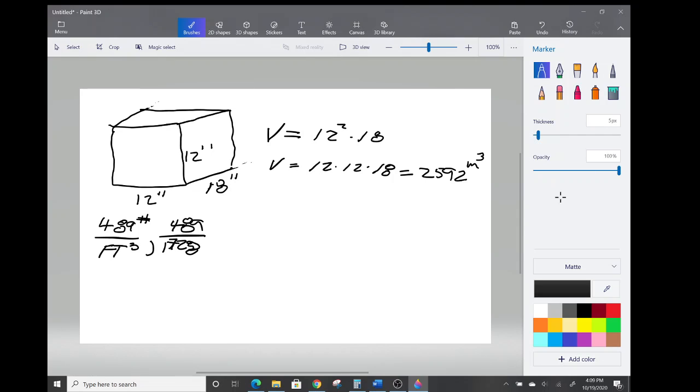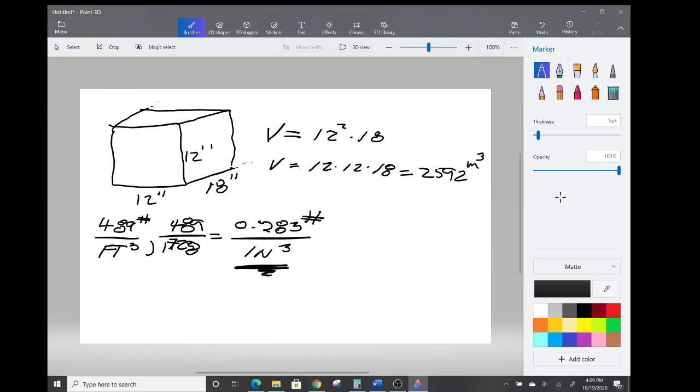Well, that's an ugly 8. It equals 0.283 pounds per cubic inch. All right. That's our unit weight per volume in cubic inches.